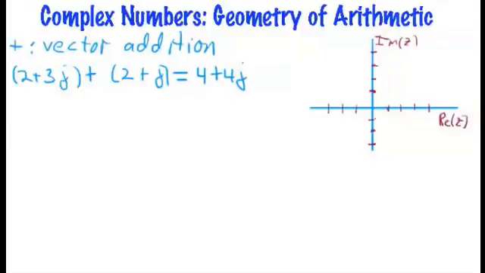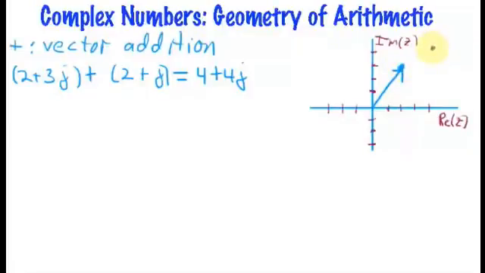Now, if we move over here and graph this in the plane, 2 plus 3j is over 2 and up 3. There's my point, 2 plus 3j. I can think of this as a vector in the plane, the vector 2 comma 3. And if I add to that the vector 2 comma 1, that's over 2 and up 1.